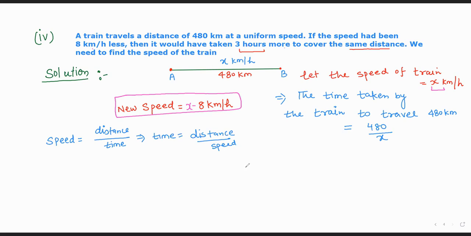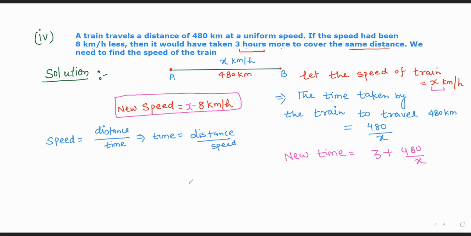So we have new speed x minus 8, and the new time is 3 hours more than the previous time. So previous time was 480 upon x, so 3 hours more than the previous one. So this is the new time. So the distance is same.